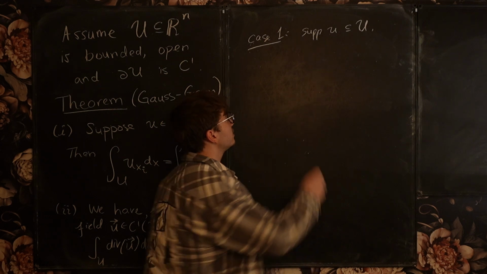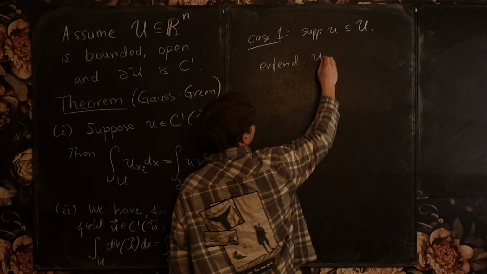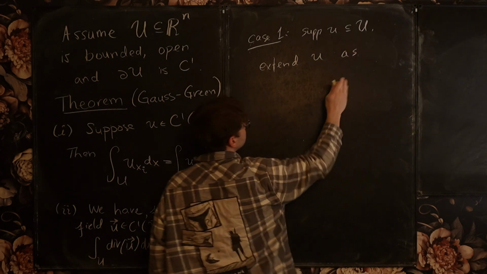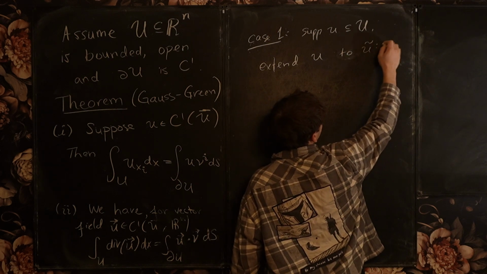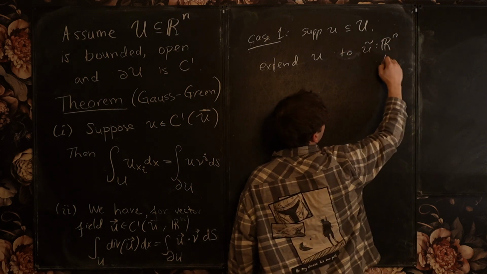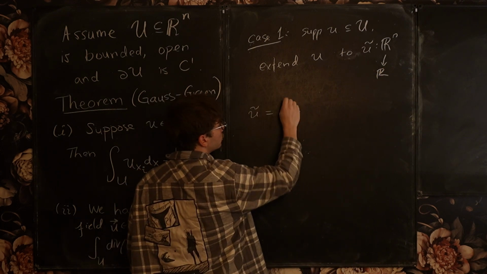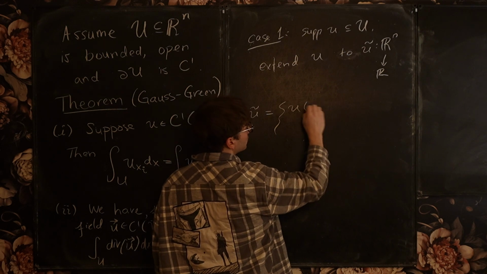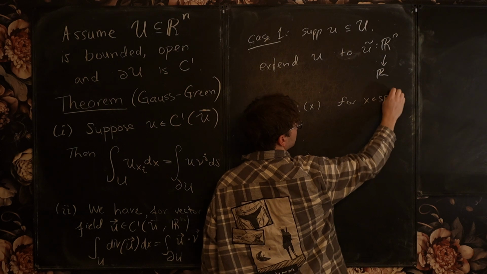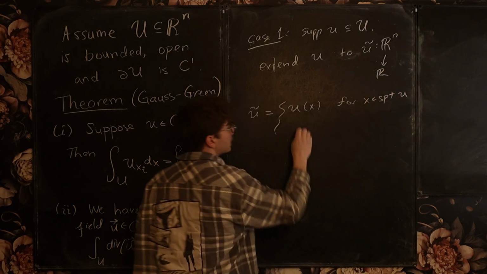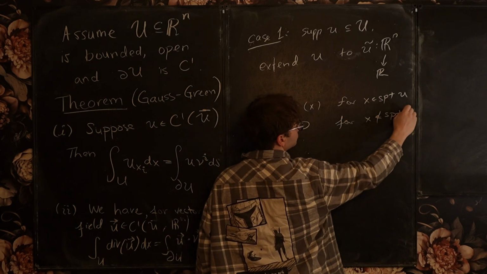So I essentially extend u as follows to a function, let's say u twiddle from Rn into R, and we're going to set u twiddle equal to u of x for x in support of u, and 0 for x not in the support of u.